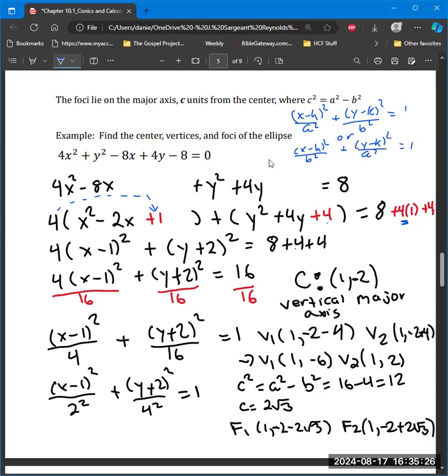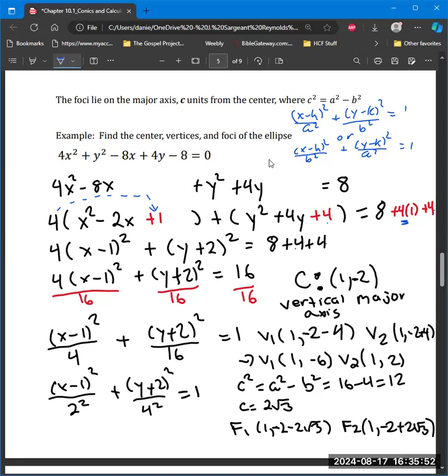One of those forms will show up, but I need to have a 1 on the right-hand side for an ellipse. When I see x squared and y squared together, any of those situations, I need to have a 1 on the right-hand side. So I'm going to divide everything through by this 16 here. 4 goes into 16 4 times. Just leave this denominator of 16. There was nothing to cancel with it there, and that equals 1.